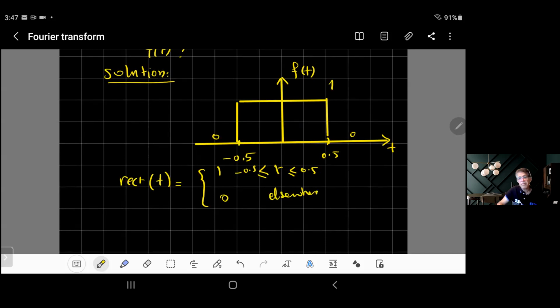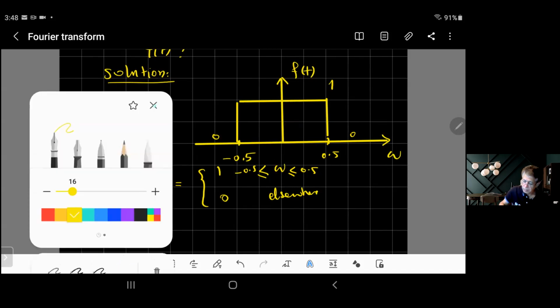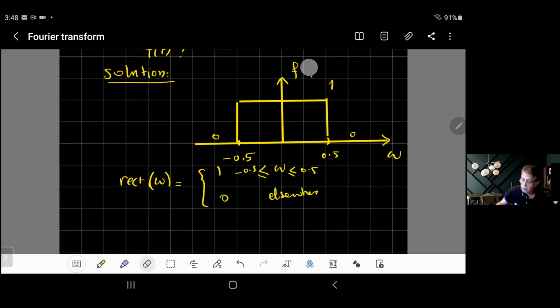And the same function, if you express it in omega, the frequency domain, all you need to do is change the time to omega. So change this one to omega and change this function to omega.